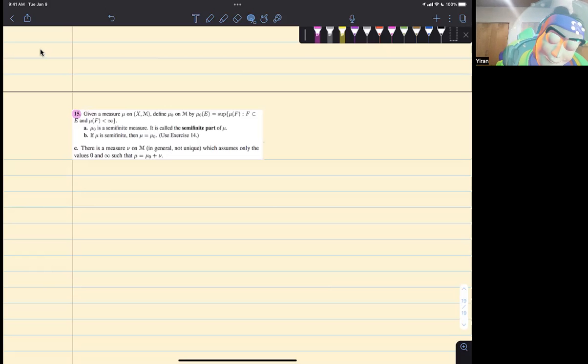Okay, so since EJs are disjoint, that means F intersect EJ are disjoint.